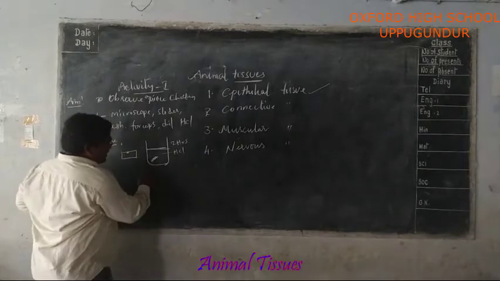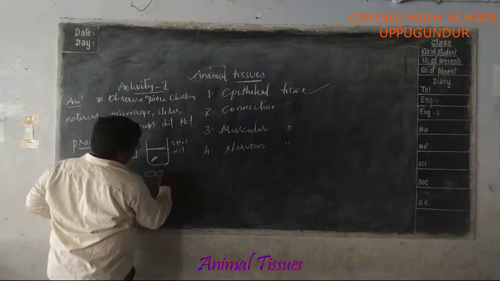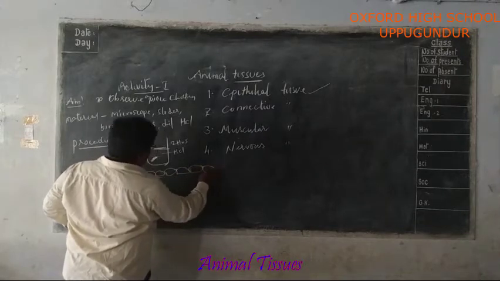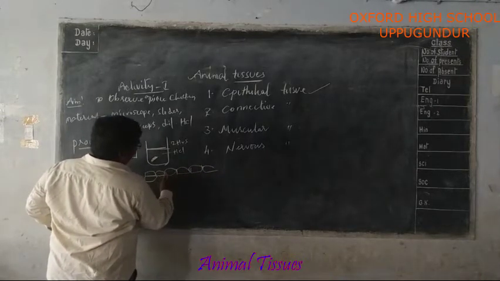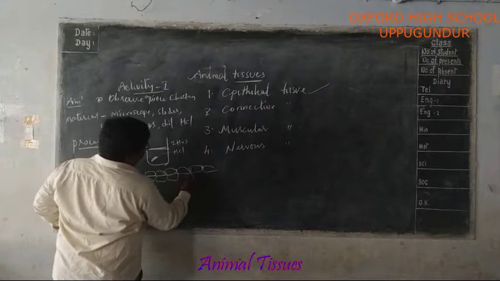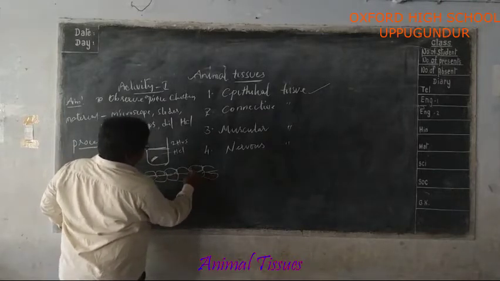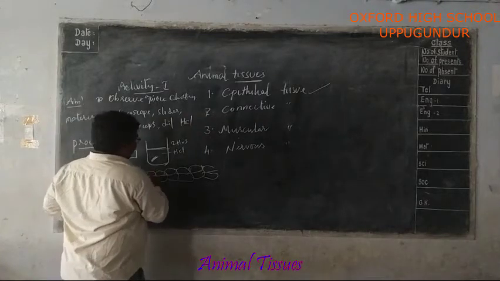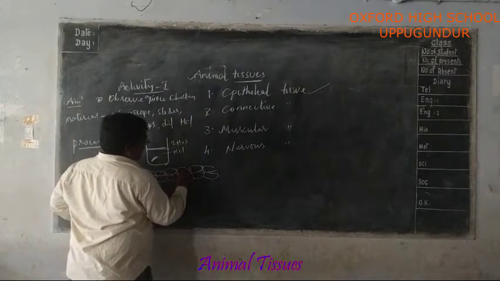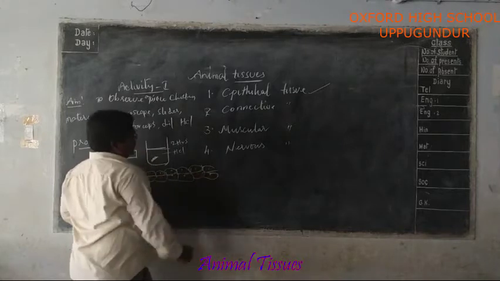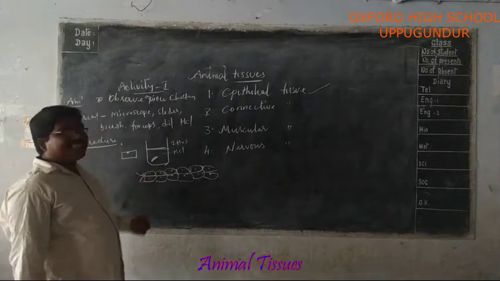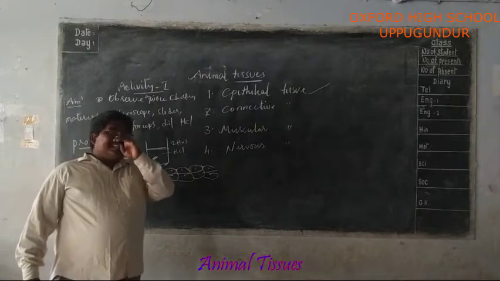So here we notice, as in your textbooks, a group of cells that appears like this. Okay, a group of cells that appears to us like this. What are those? Those cells are present in the skin of the chicken.